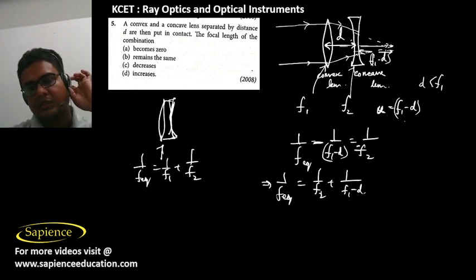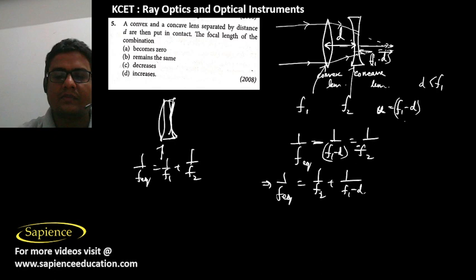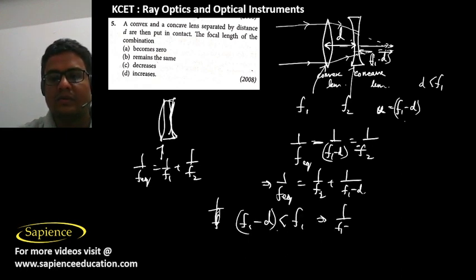So here this is f1 minus d, which is obviously less than f1. 1 by f1 minus d will be obviously more than 1 by f1. So 1 by f1 minus d plus 1 by f2 is greater than 1 by f1 plus 1 by f2.